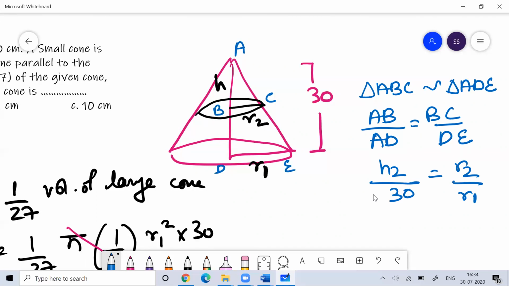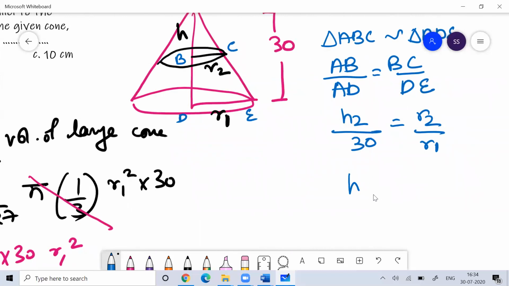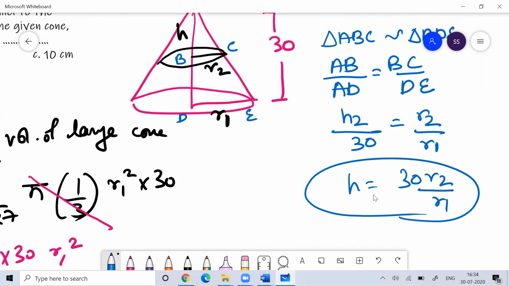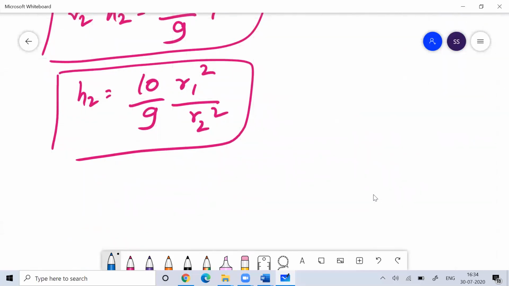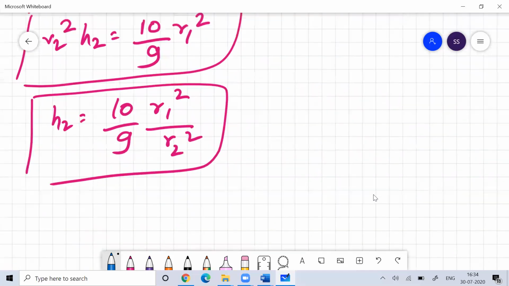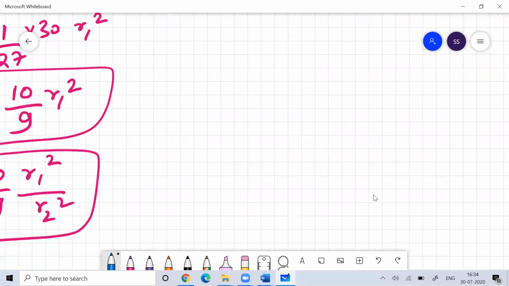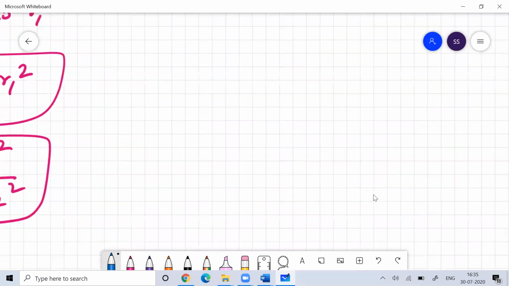So this height is equal to 30 into R2 by R1. I can write in terms of R2 by R1 because I have to find the height. So this is R1 by R2.